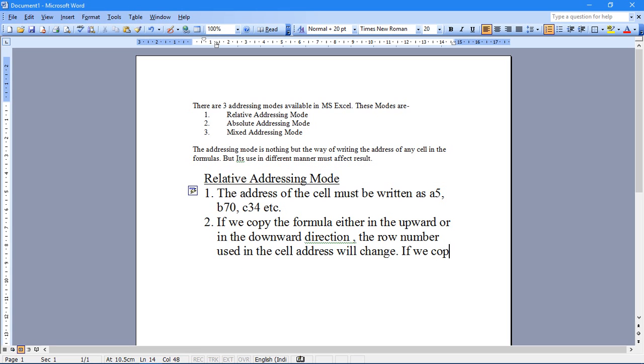If we copy the formula in the downward direction, the row number increases.